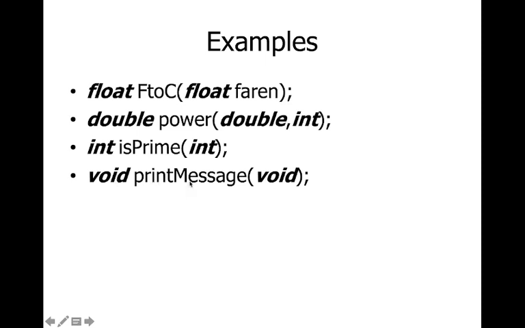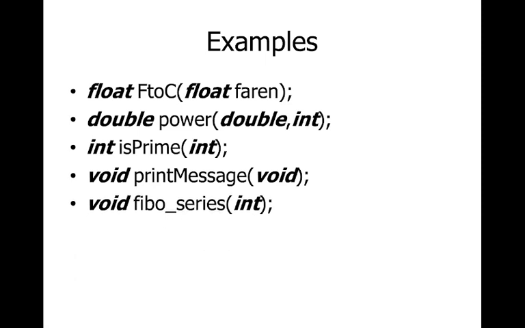Then print message is the name of the function, and void is the return type. Void means it won't be returning any value. So this function will be called from the main program, and inside the function something will happen, but it won't return any value to the main function.